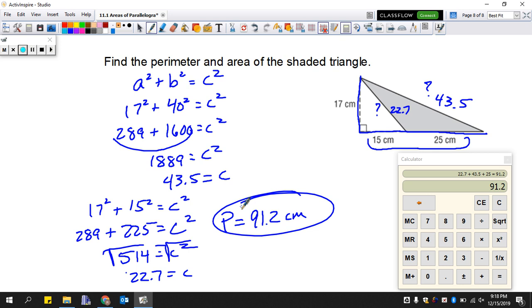So then simply to find the area is equal to the base times the height divided by 2.